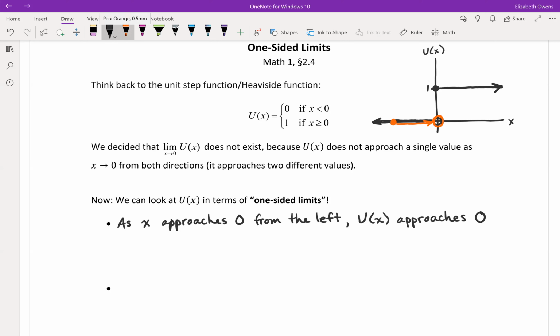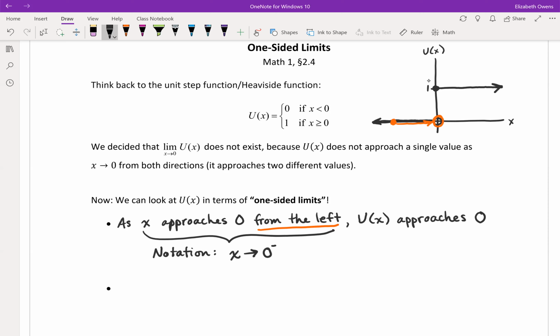How we are going to notate this whole approaching 0 from the left, we've got special notation for this, so that it makes it clear which direction we're coming from. The notation looks like this. x approaches 0, that's like before, but the new part is this little superscript minus sign.